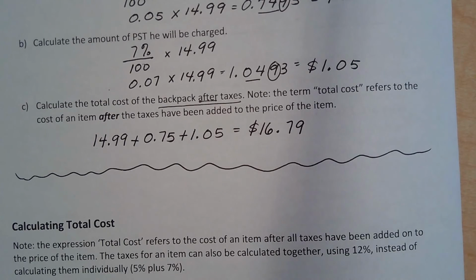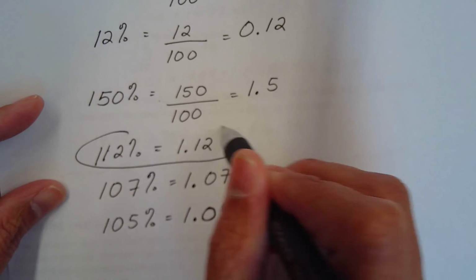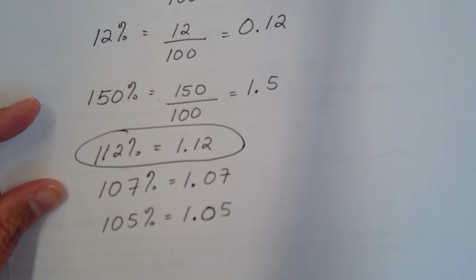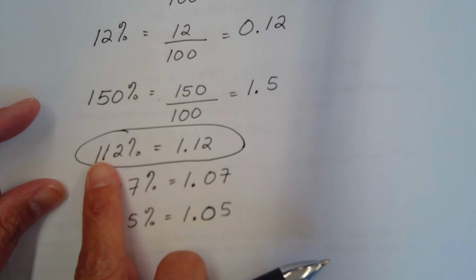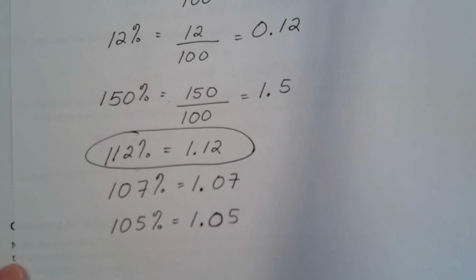Yeah, we could do GST and PST together. Remember I said earlier that for the most part we're paying 112%, because 100% is the value of the item and then the 12% tax.